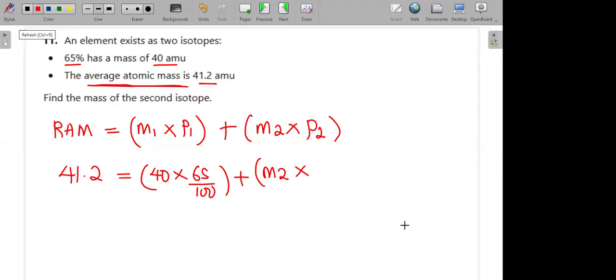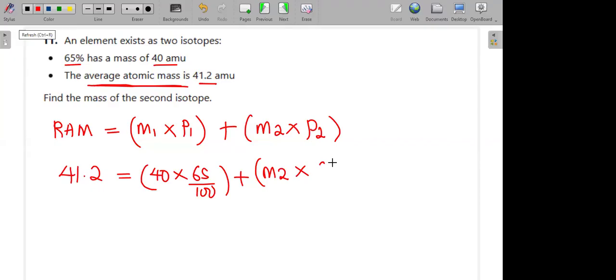Yes, sir. Since percentage is out of 100, we can subtract 65 from 100 to get the other percentage. Exactly. So the other percent, we find it by saying 100 minus 65.